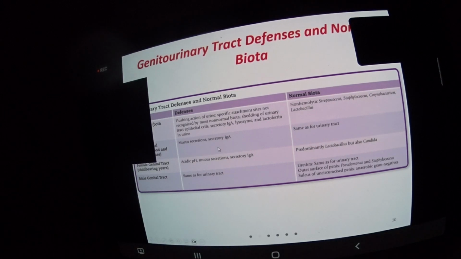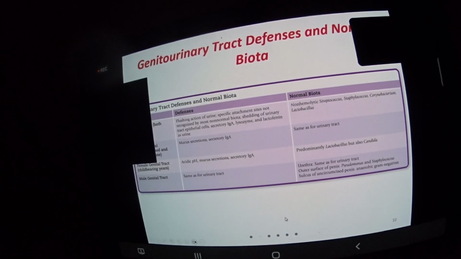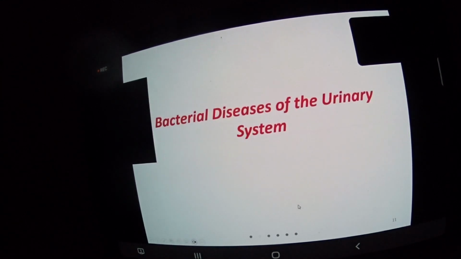The secretion of the vaginal tract changes, the pH and the environment change, and with that, some of the normal flora changes in the area too. So again, there is a difference between pre-puberty, post-puberty, and post-menopause in the vaginal tract of females.